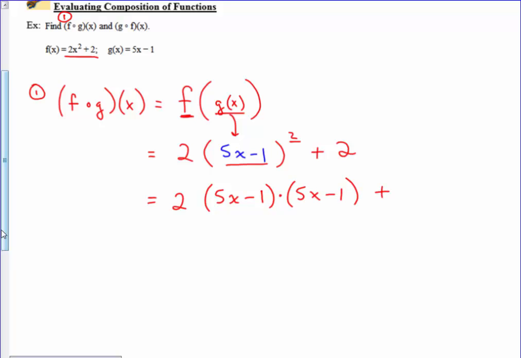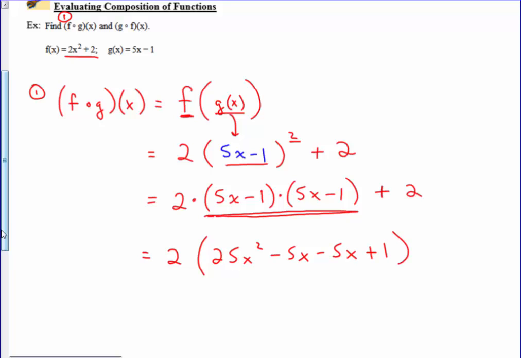Leave everything else the way it is. Now, leave the 2, and then FOIL these two binomials. So we would have 25x squared minus 5x minus 5x, and then plus 1. Now I would still have the plus 2.